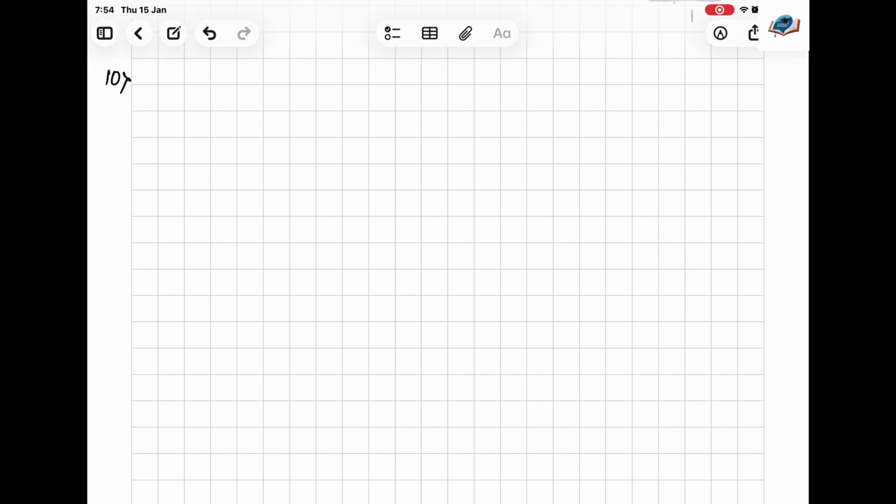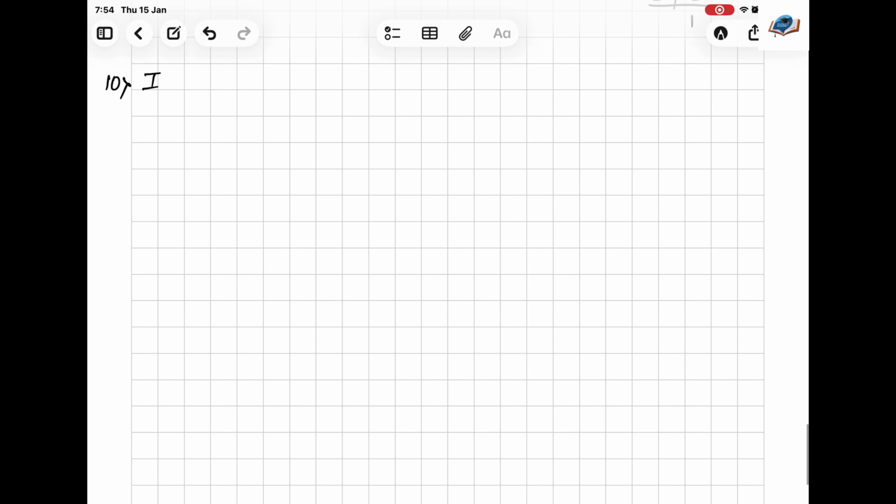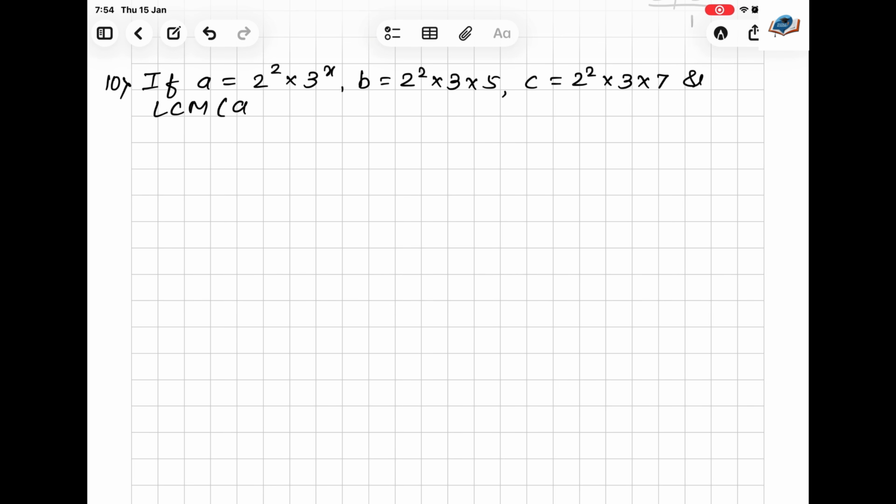Now the 10th question says that if A equal to 2 square into 3 raised to x, B is 2 square into 3 into 5, C is 2 square into 3 into 7, and LCM of A, B, C is 3780, then x is equal to what?